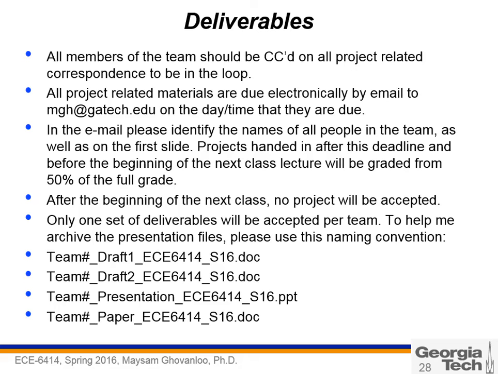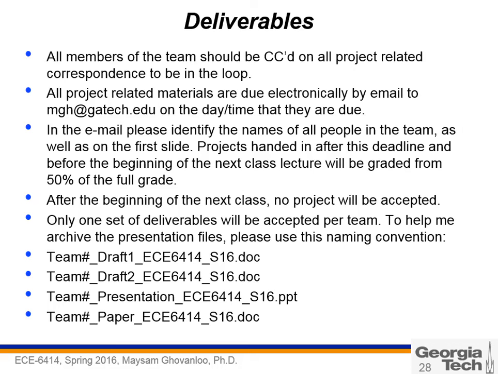So to summarize, deliverables are draft 1, draft 2, final paper, and final presentation. This is aside from the perhaps bi-weekly homework assignments, exams, and other components of this course.